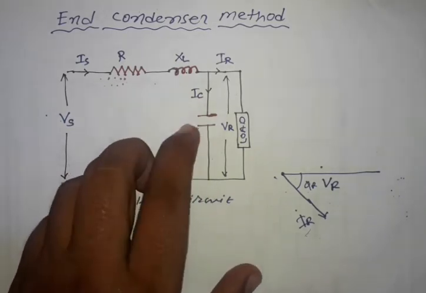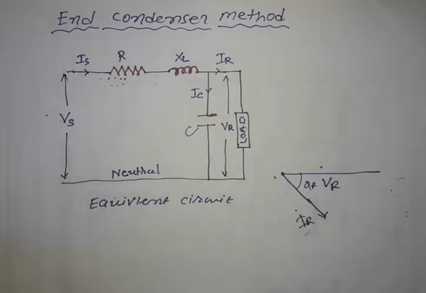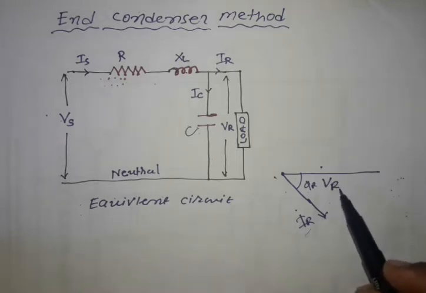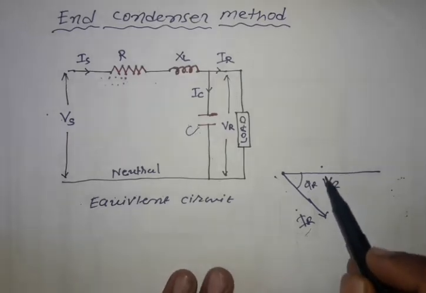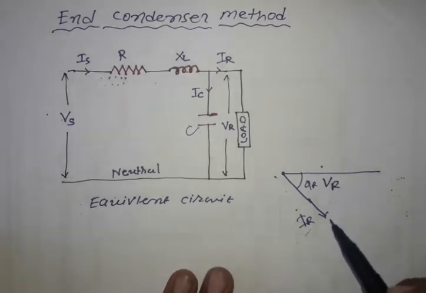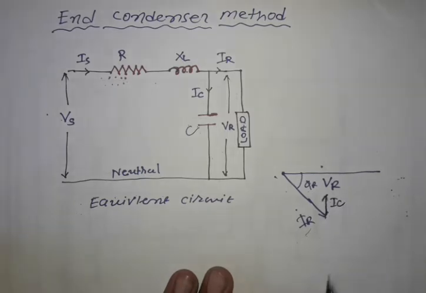Now current IC, which is flowing in the capacitor, is a capacitive current, which is leading 90 degrees from the voltage. So a capacitive current leads by 90, so we draw a line here for the capacitive current IC, at 90 degrees to VR.